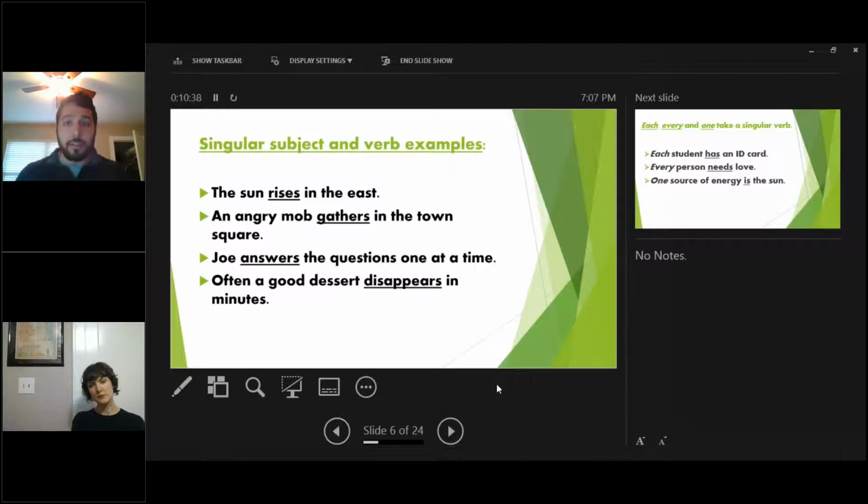And like I said, he, she, and it. So this is an example of the it. Often a good dessert disappears in minutes. So a good dessert, it, disappears in minutes. Disappears has an S on the end, a singular verb that's linked together with a singular subject.